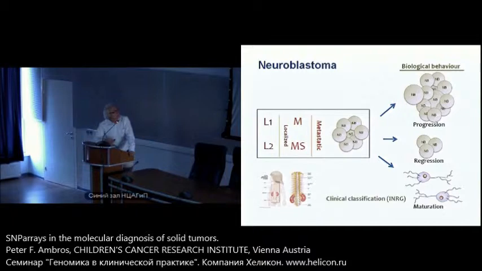According to the staging, we have localized L1 and L2, and from the metastatic, we have M and MS. Believe it or not, MS is a very special type. It disseminates to the liver, skin, and other areas in the organism, but it can spontaneously disappear. The doctors don't do anything, they just watch.